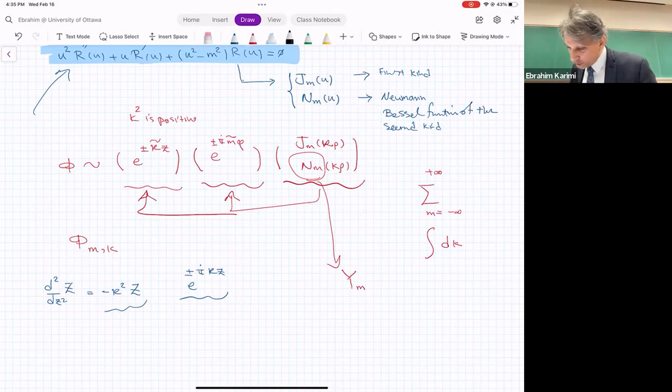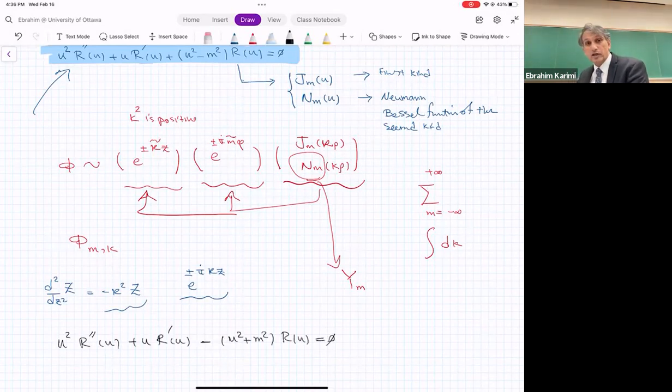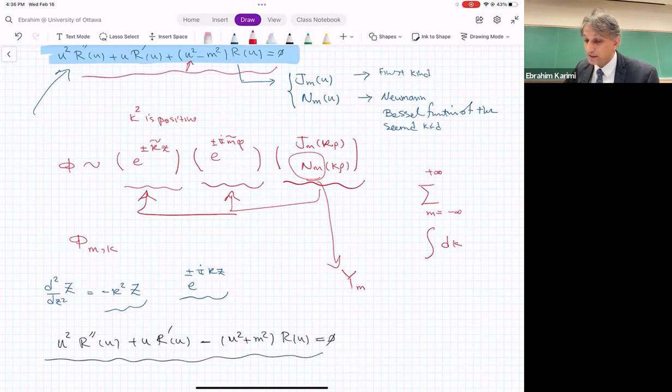And definitely the equation that you will get will be this equation: u squared R double prime of u plus u R prime of u minus (u squared plus m squared) R of u equals 0. If you compare this to the above equation, the only change is that u squared is replaced by minus u squared, because that u squared comes from the fact that we had k squared rho squared.